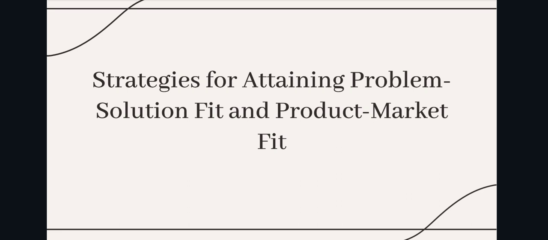After understanding the problem, the next step is to propose a solution to it. This could be in the form of a product, or a service, or any innovative approach that will directly address the problems faced by the target audiences.